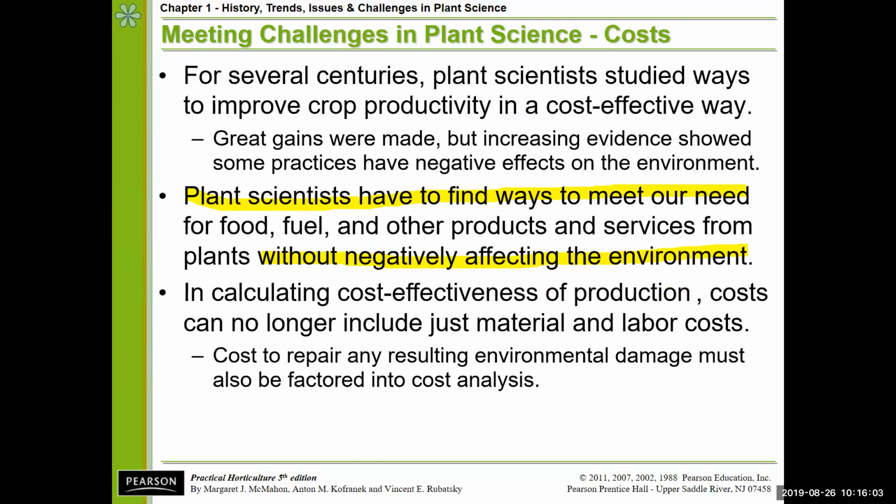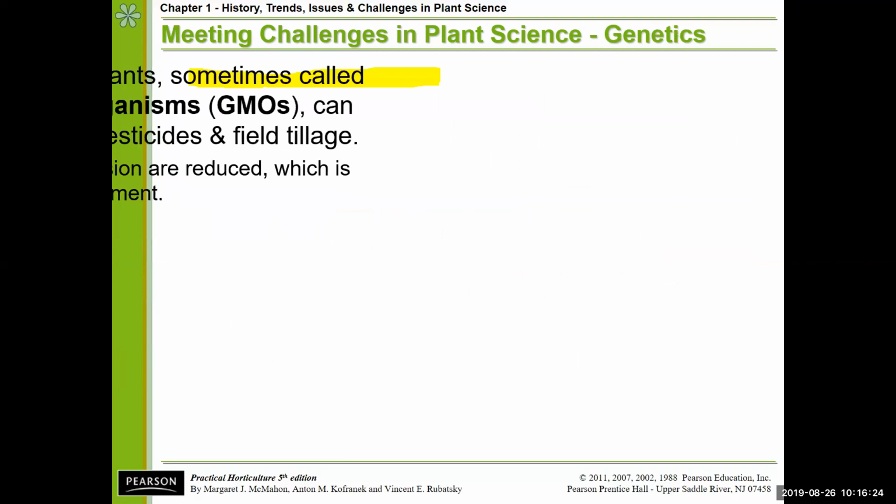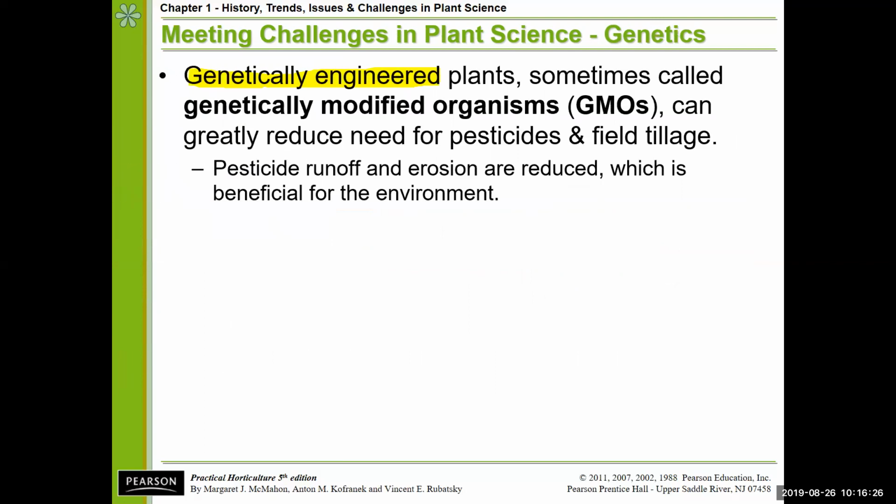All right, so again, how do we find ways to meet our current and future needs without negatively affecting the environment? That's one of the biggest challenges in plant science. And there are lots of different ways that we can start to address that with technology, with breeding of crops, and also with genetic engineering.